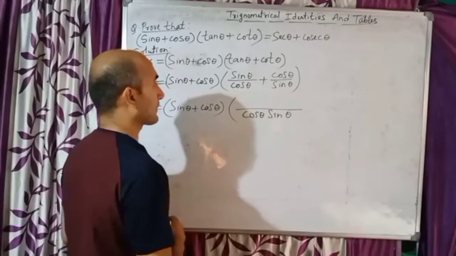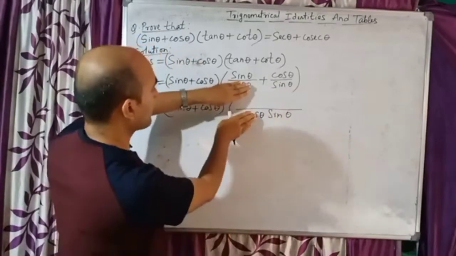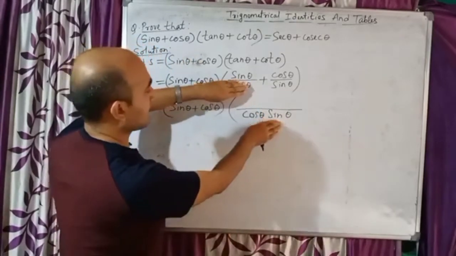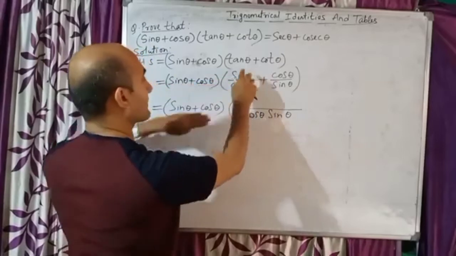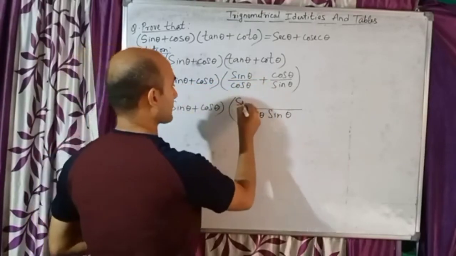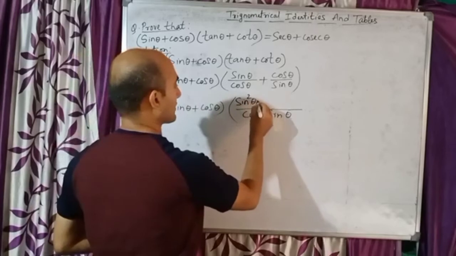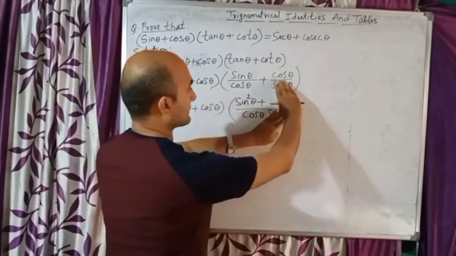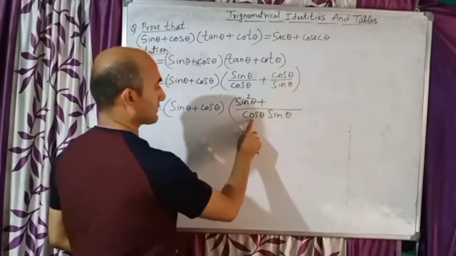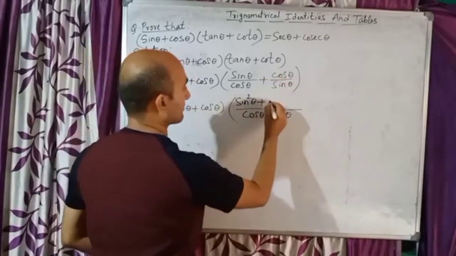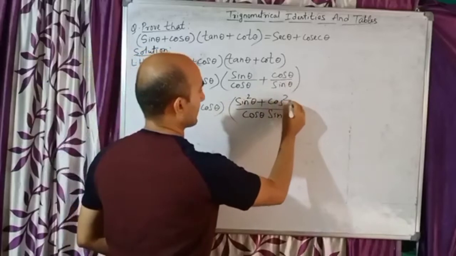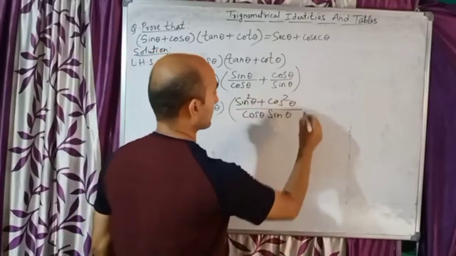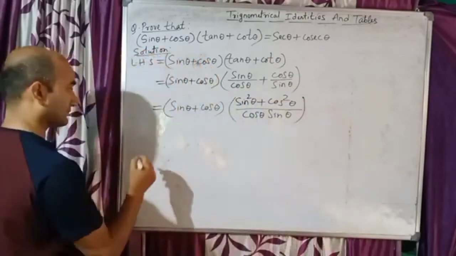When I cover cos theta, sine theta remains and multiplies with sine theta, and my result will be sine square theta plus, now covering sine theta, cos theta remains and multiplies with cos theta, and my result will be cos square theta.